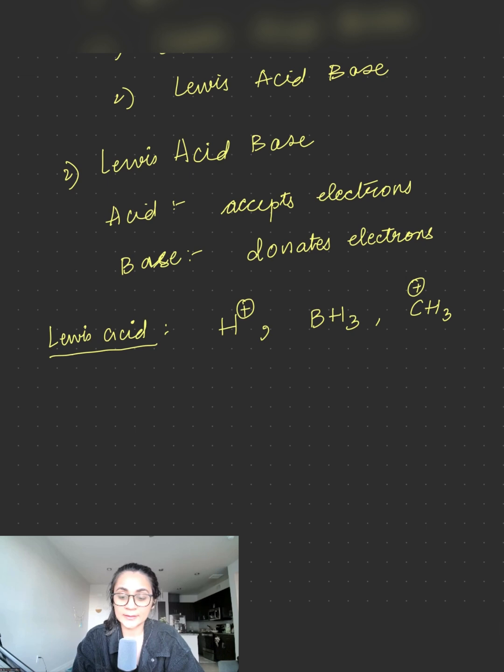Now an example of a species that would act as a Lewis base is a species which contains electrons as lone pairs, and would donate electrons from those lone pairs.